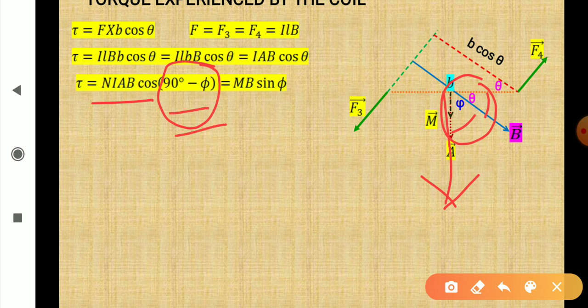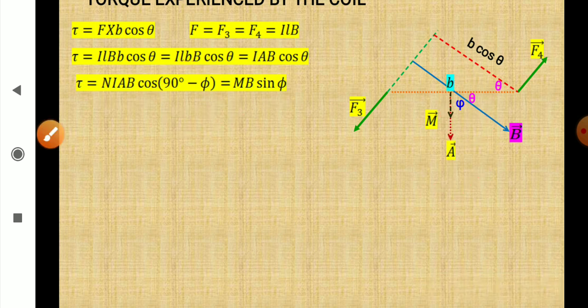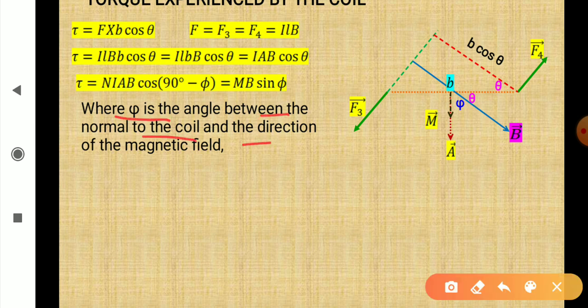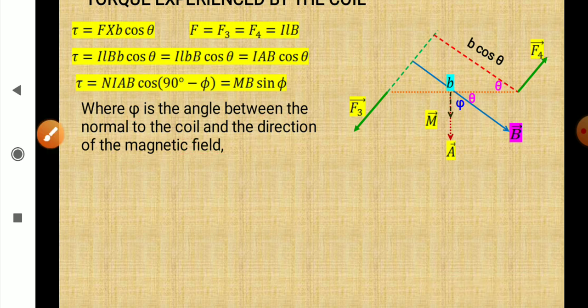So I have placed 90 minus phi, and cos of 90 minus phi is sin phi, right? And NIA is taken as M. So it becomes MB sin phi, where phi is the angle between the normal to the coil and the direction of the magnetic field, right?